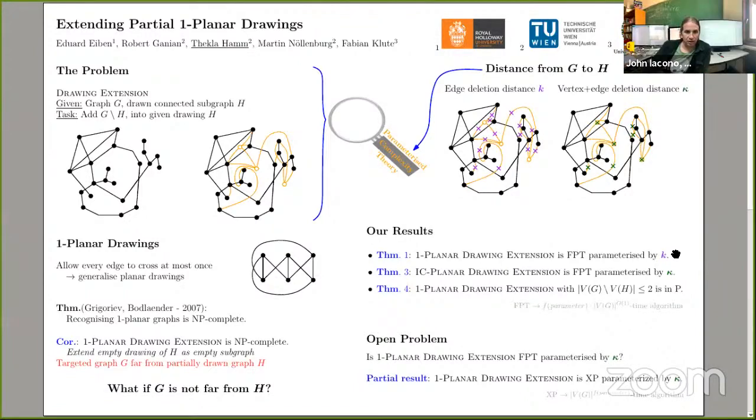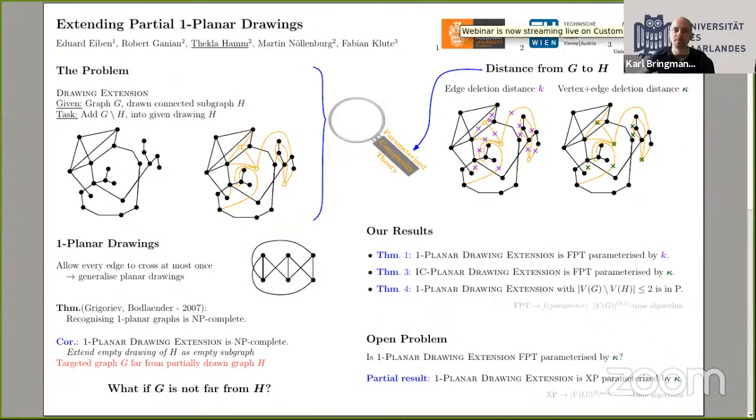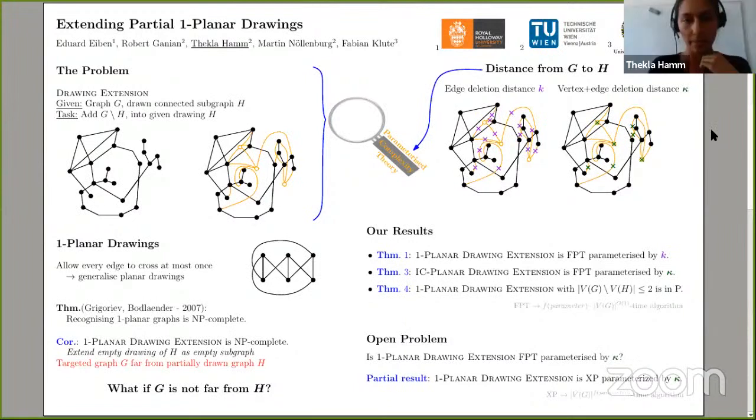Thank you. Are there any other questions? Yeah, in your talk, you mentioned lots of other NP-hard generalizations of drawing planar graphs. Are they similarly interesting? Or will you also be studying whether they are FPT and so on?